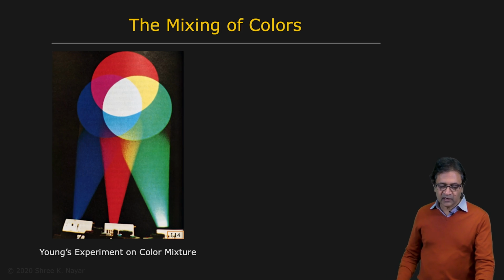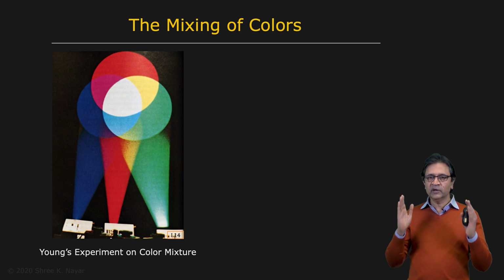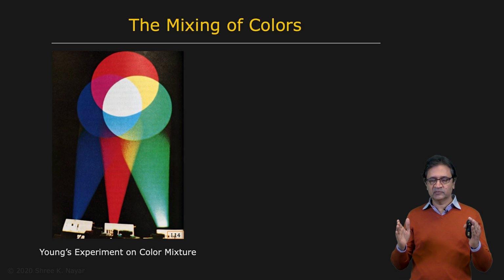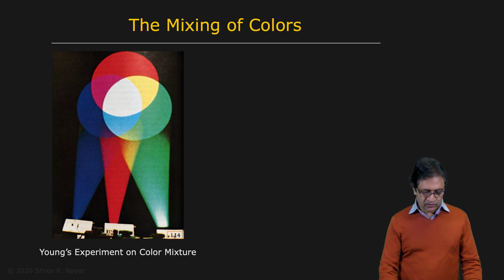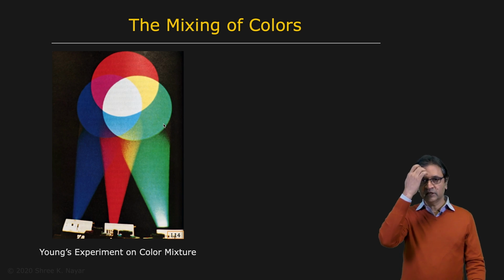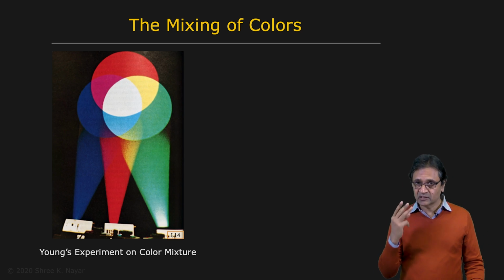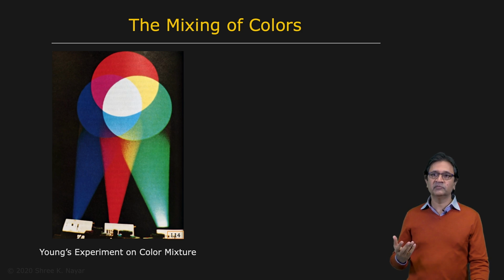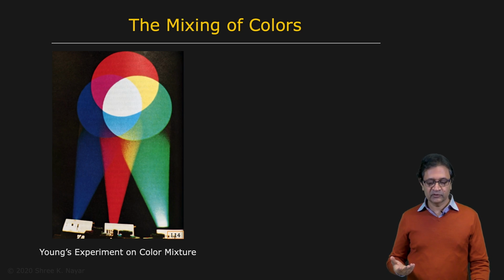So that brings us to Young's experiment on mixing colors. What Young found out is that you can take three specific wavelengths of light and mix them. In this case, he's using a different projector for each wavelength of light, and you can see that wherever the projected circles overlap, you're getting these different colors. It turns out that just with these three wavelengths, you can reproduce the sensation of virtually all the colors that you and I are able to see.